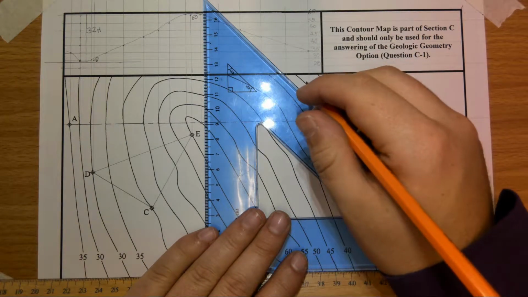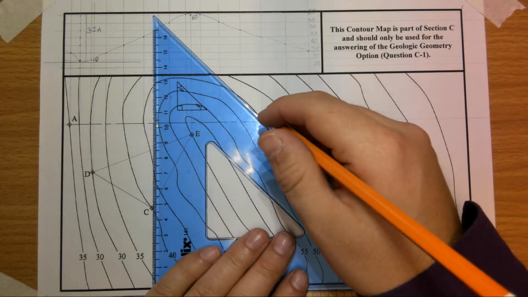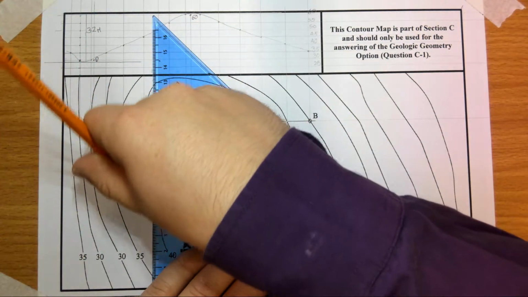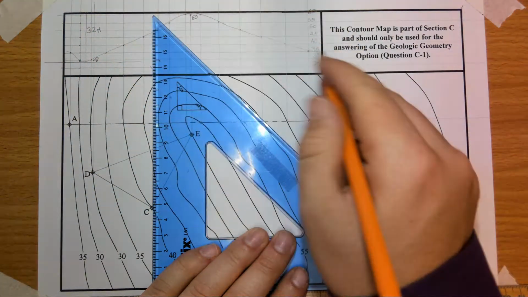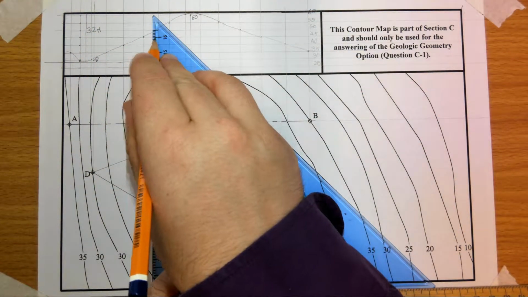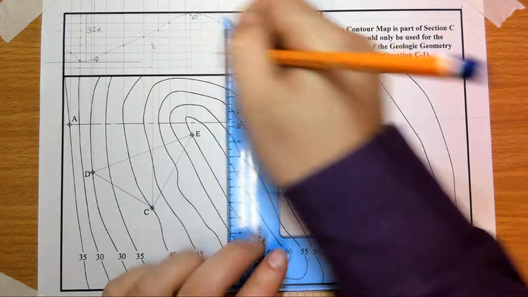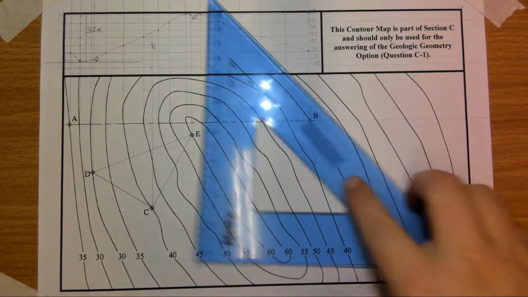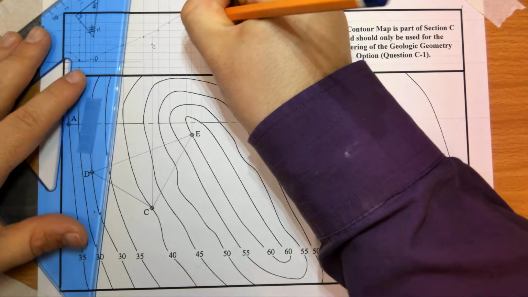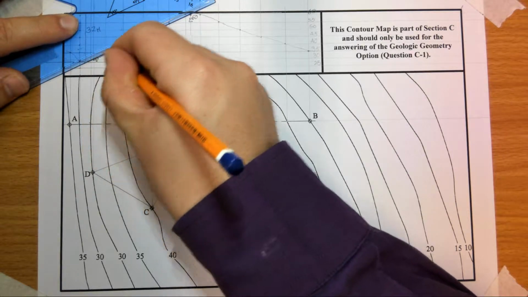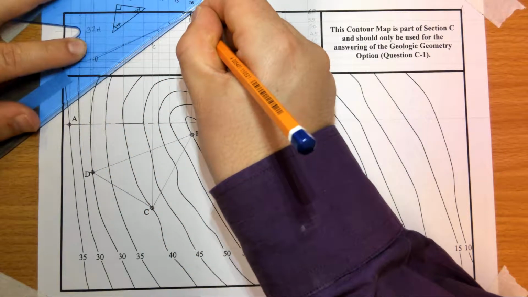And C is at 40, so we're going to bring C up until it hits 40. Okay, so there's C. And if the points join in one view, they join in every view. So we're going to join D to E, E to C, and C to D.